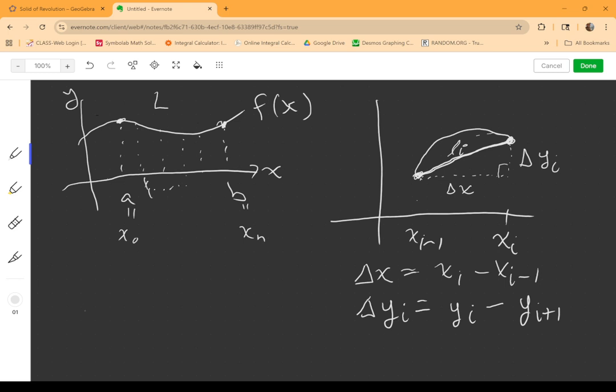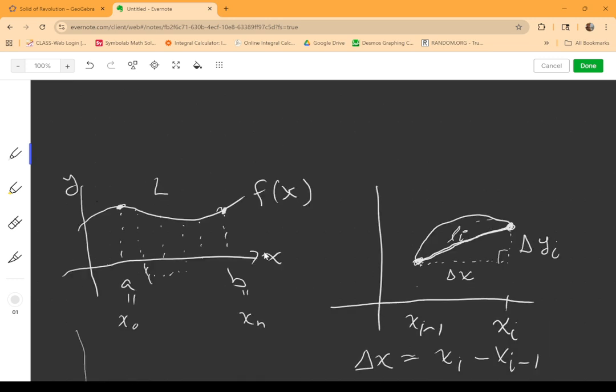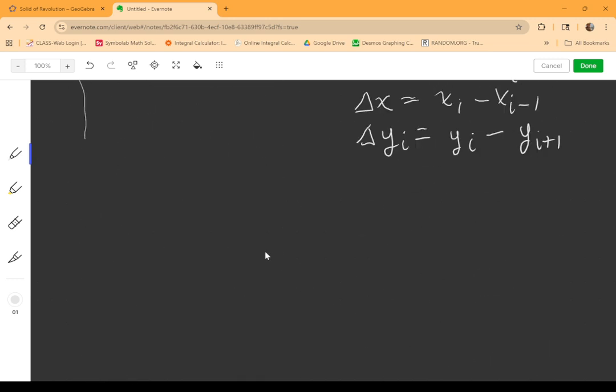So we have my L sub i equal to the square root of delta x squared plus delta y sub i squared.